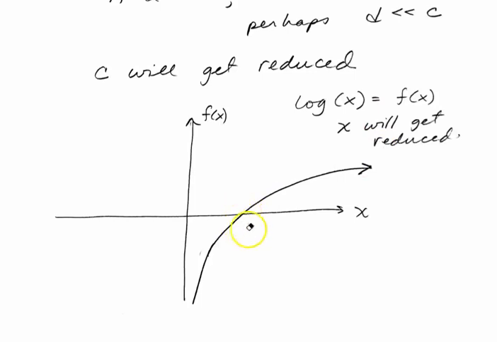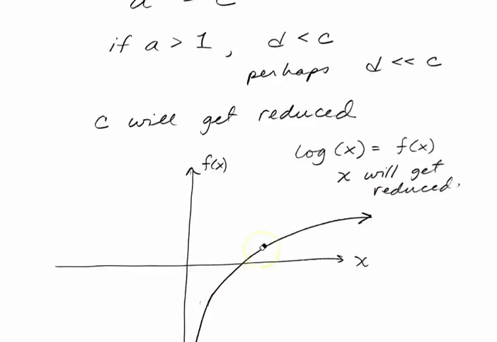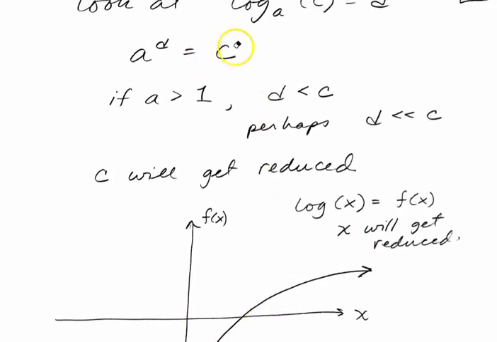Now when the argument gets small, then the exponent becomes very negative. So look at this right here. If that number becomes really small, and the base right here is greater than 1, then that means that number has to be negative. We want 1 over, we want a small number.